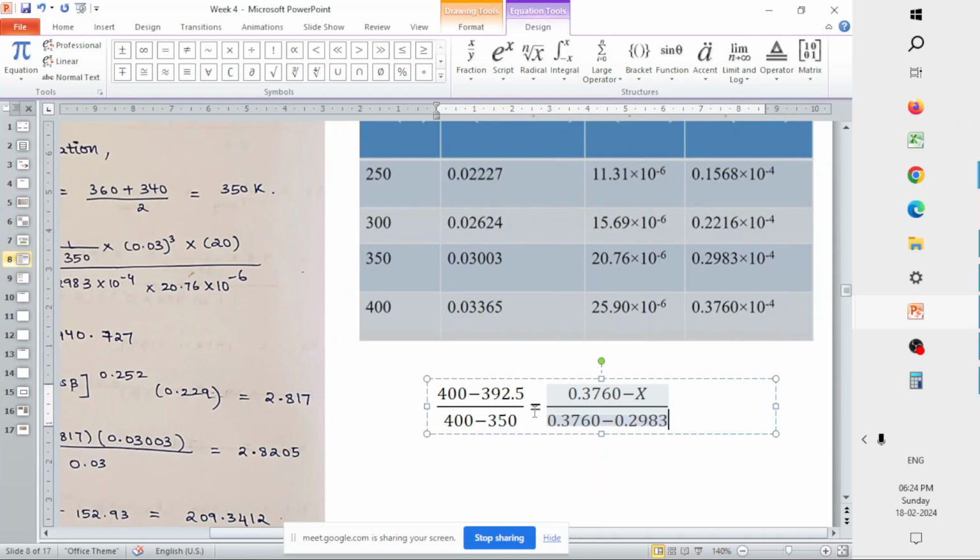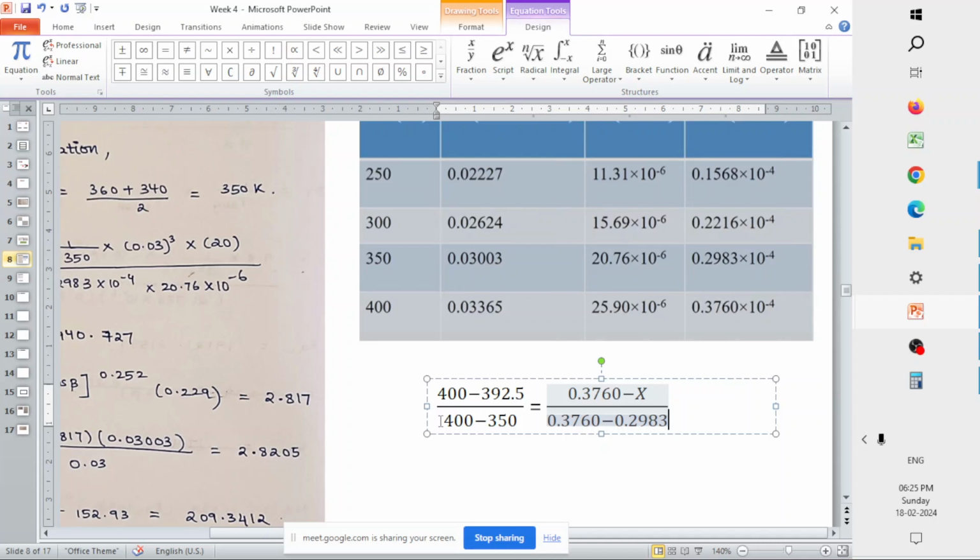Again I am saying, we are assuming that all the three parameters, thermal conductivity, momentum diffusivity and thermal diffusivity, are a linear function of the temperature. So in that case it will be a straight line with a particular slope. By knowing the slope we can calculate the thermal diffusivity at whatever temperature we want.